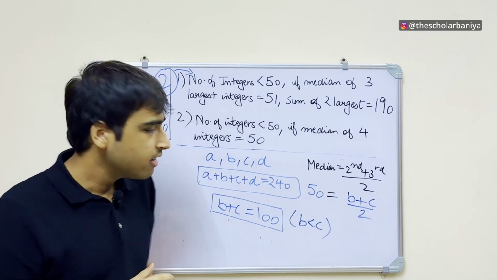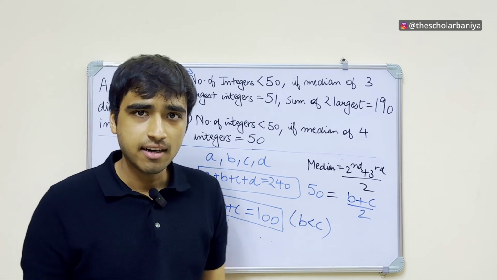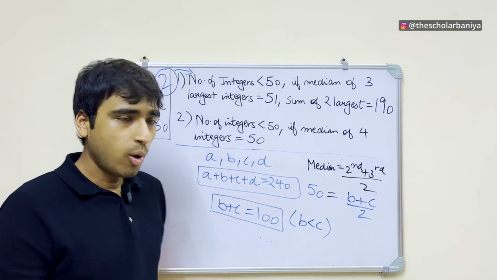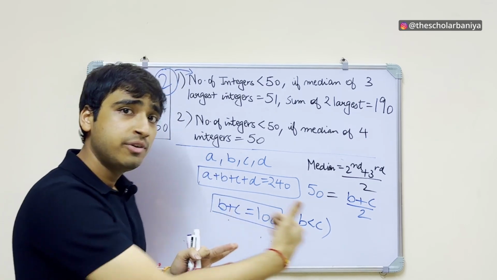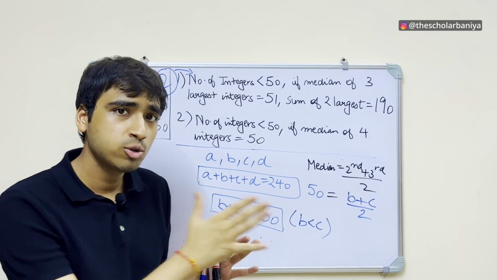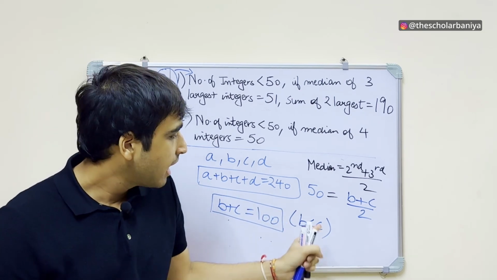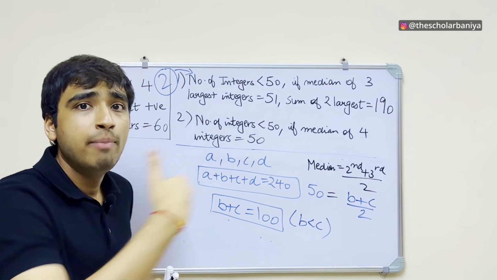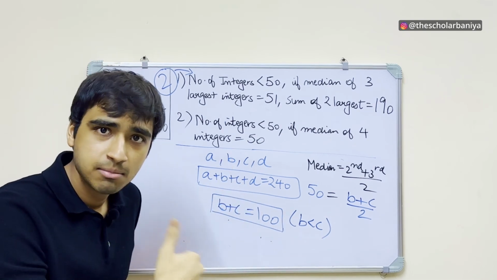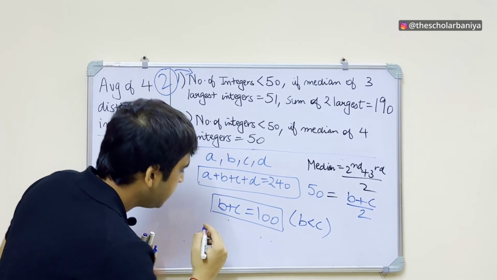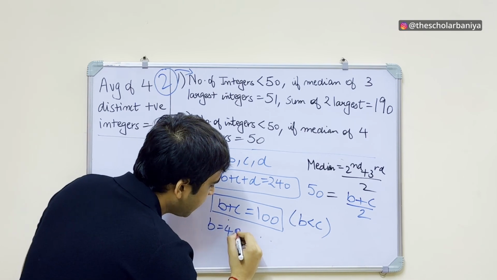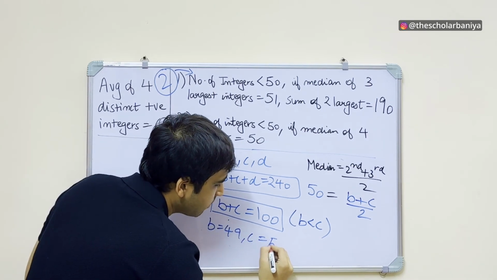Now tell me one thing. If B plus C is 100, it could obviously be 50 plus 50, so B and C both could be 50. But we know that both of them are not equal and B is less than C. So the best possible case, or the maximum value of B, is B equals 49 and C equals 51.